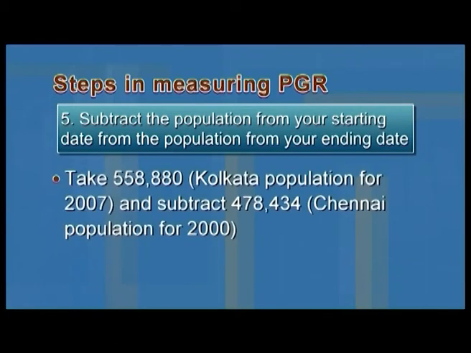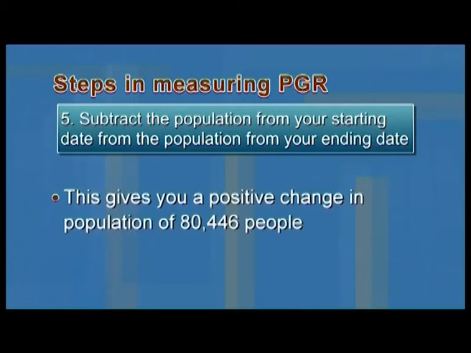Take 5,58,880, the Kolkata population for 2007, and subtract 4,78,434, the Chennai population for 2000. This gives you a positive change in population of 80,446 people.